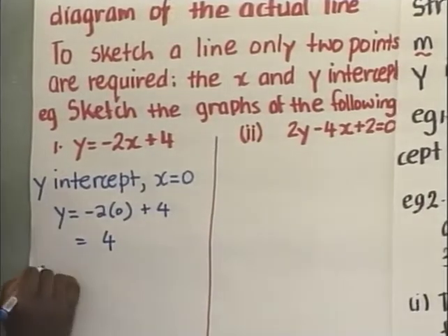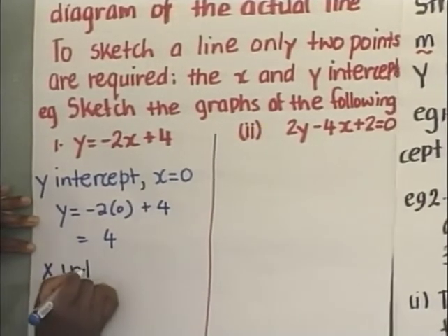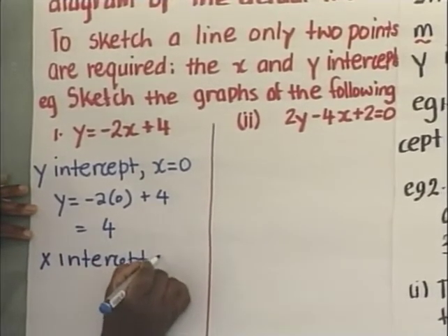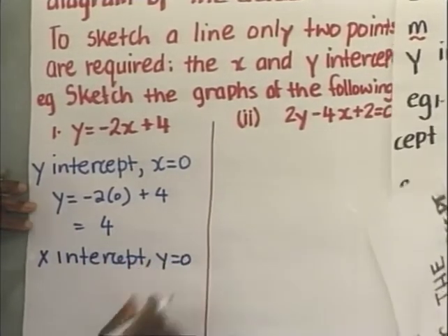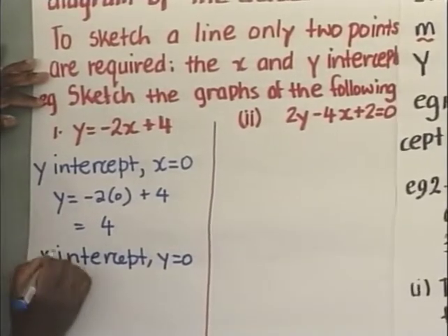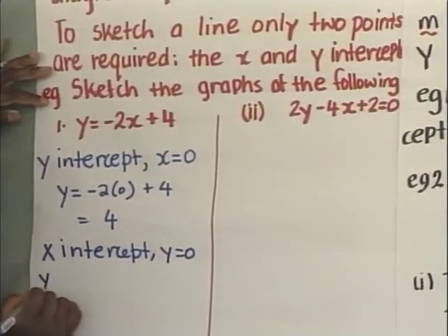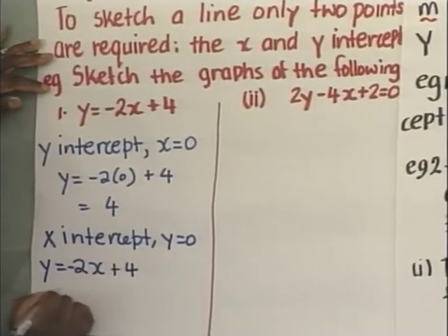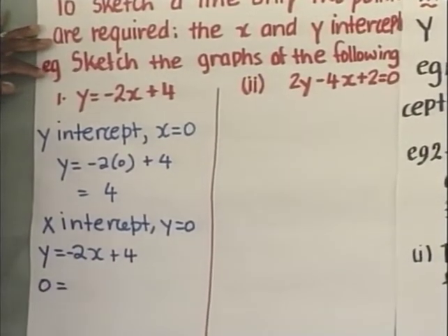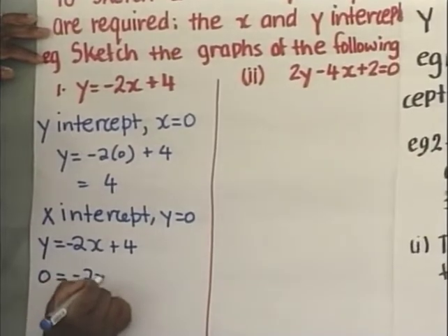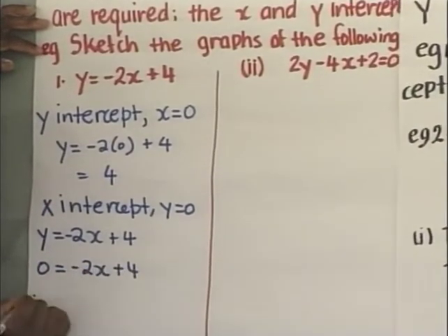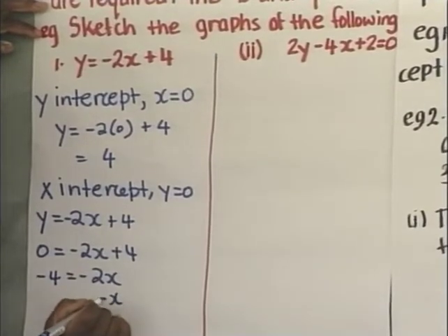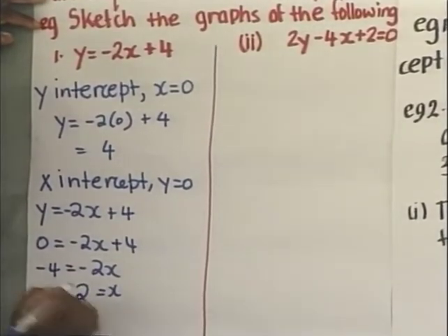To find the x-intercept, you make y equal to 0. So 0 equals minus 2x plus 4, and you solve for x. I get 2x equals 4, and x is equal to 2.